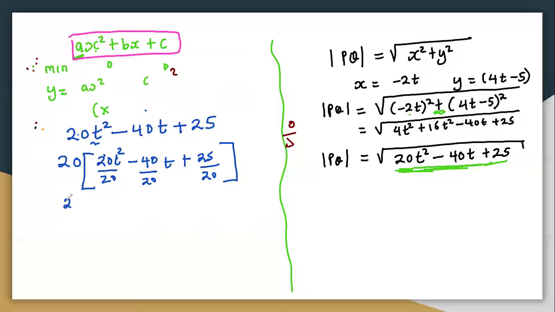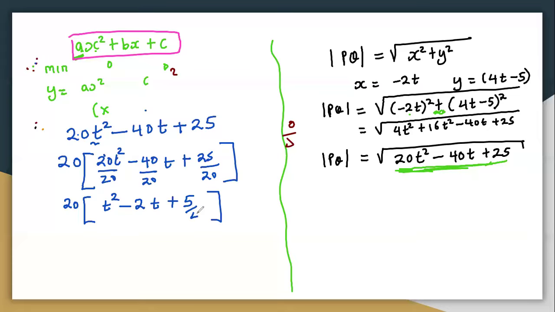So you notice that this is going to be 20 into t squared minus 2t, then plus 25 out of 20. I think it can be reduced, no problem. You reduce it. 25 divided by 20, you get 5 out of 4. So I can put 5 out of 4. Let me remove this and I instead put 5 out of 4.